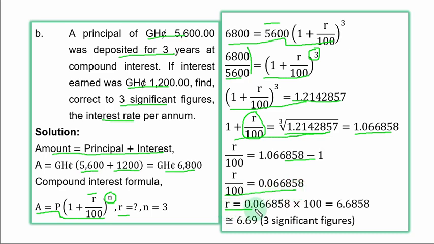So you have R equal to 0.066858 times 100, and that is 6.6858. To 3SF, we must consider 668. That is the first 3 non-zero numbers. The next number is 5. Round it up to 1. You add it to 8. So you have 6.69 to 3SF as the rate of the interest.